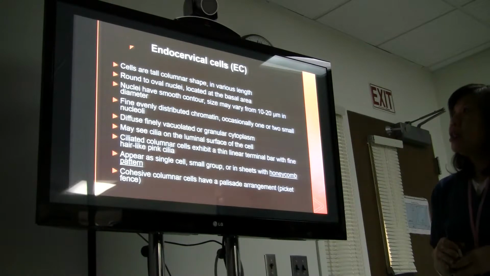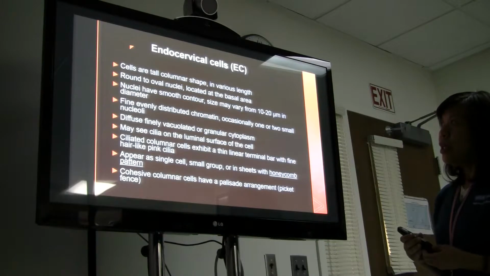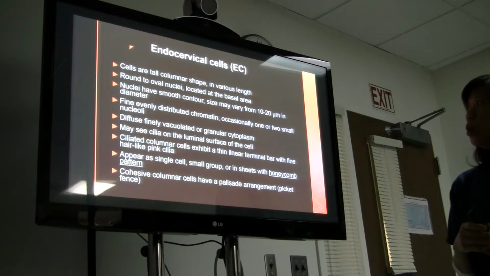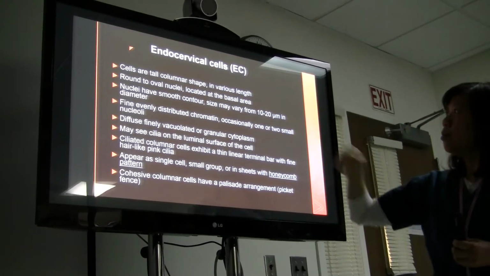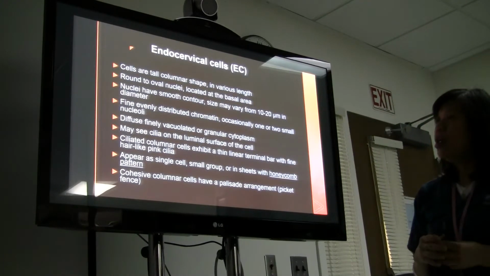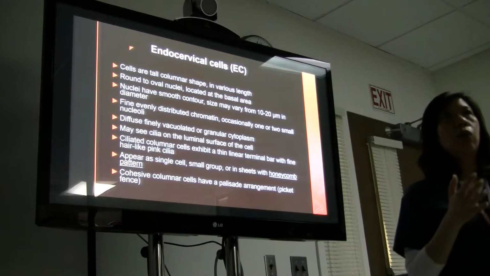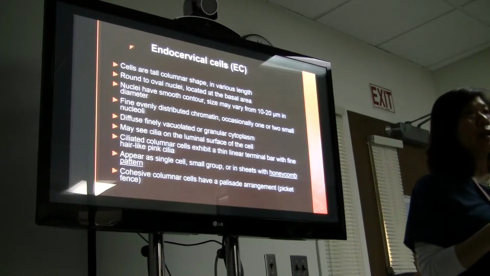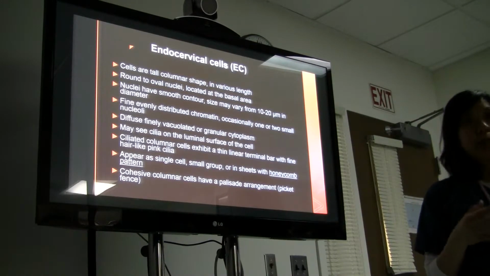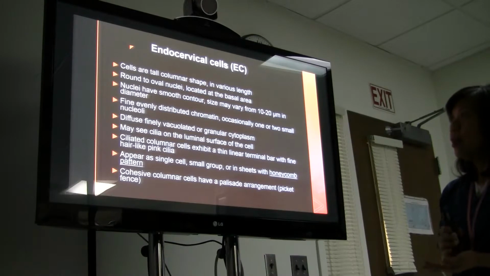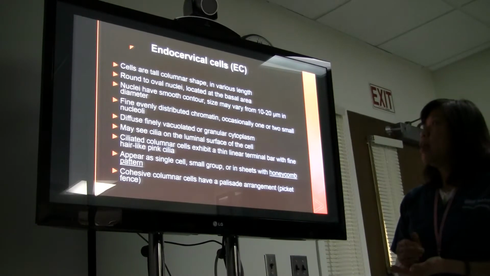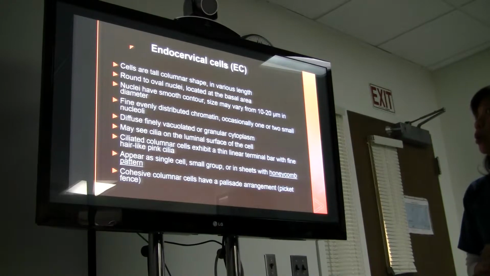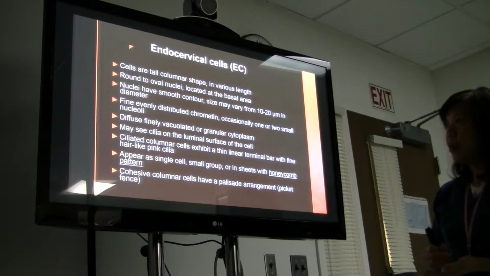The nuclei have a very smooth contour, similar size, varying from 10 to 20 micron in diameter. Sometimes, depending on what day of the cycle, the cells may change a little bit in size. They also have finely, evenly distributed chromatin, occasionally one or two small nucleoli.